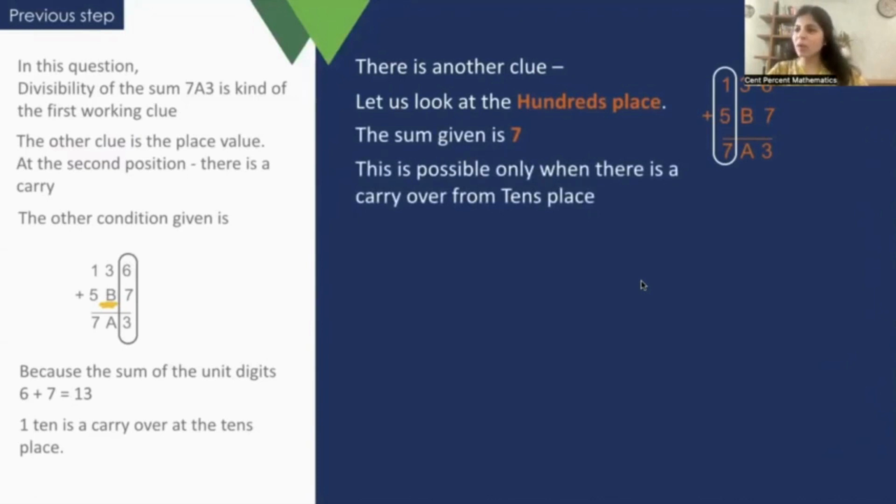But that carryover is from the tens place. And I'm sure you all know that what should be added to 1 and 5 to get the sum as 7? It is 1. So 1 has been carried over from the tens place to the hundreds place.